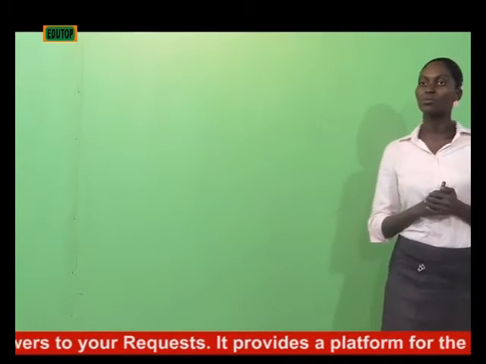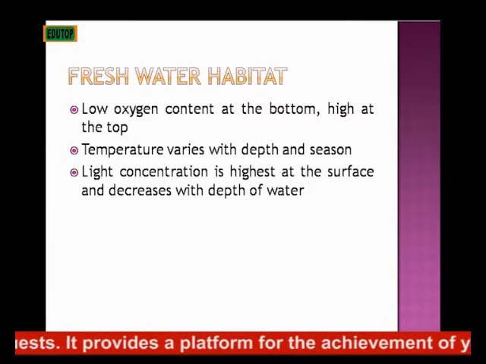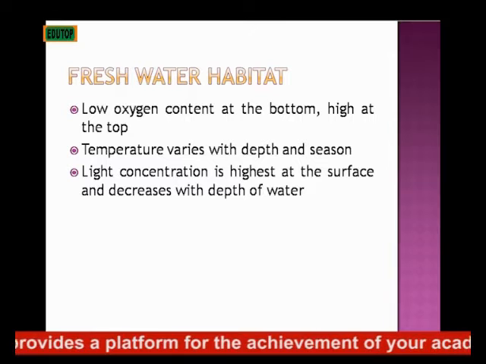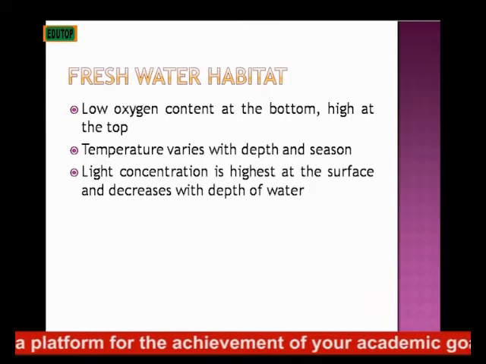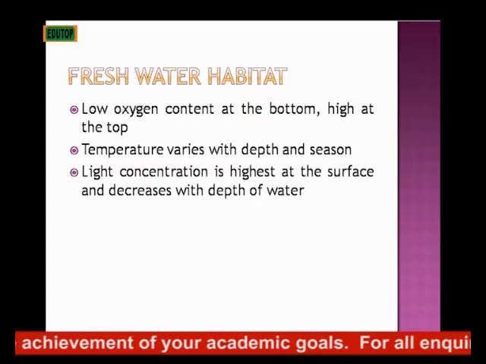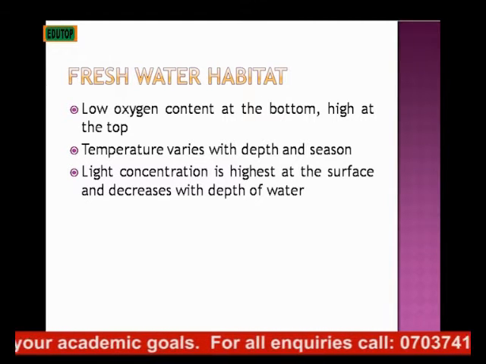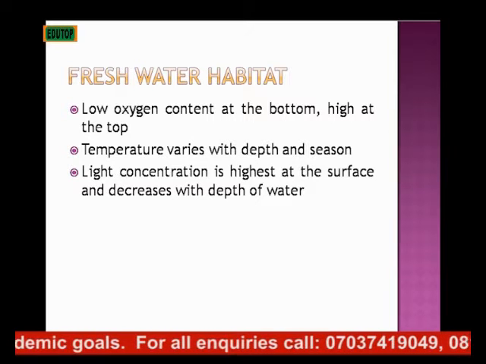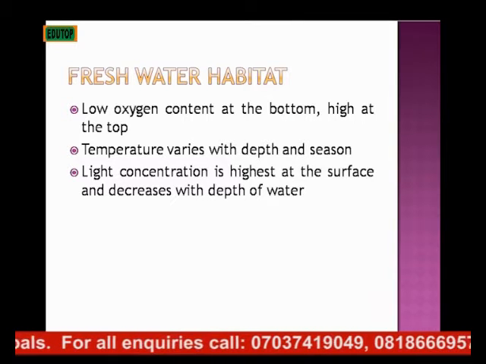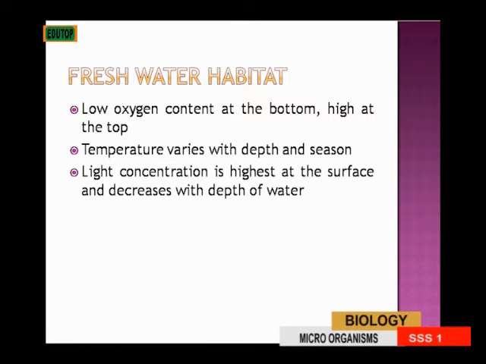Characteristics of freshwater habitat. They have low oxygen content at the bottom, but high oxygen content at the top. As you go deep into the water, there is low concentration of oxygen. Also, the temperature varies. The temperature is lower at depth than at the top of the water.